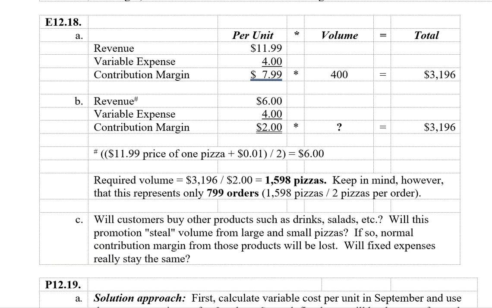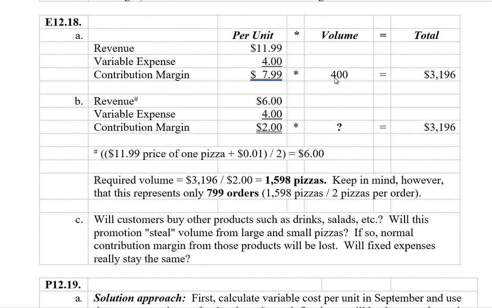It's interesting that if you have a medium pizza price of $11.99, they give us a variable expense of $4, and that means the contribution on the pizza is $7.99. And they give us this volume figure.